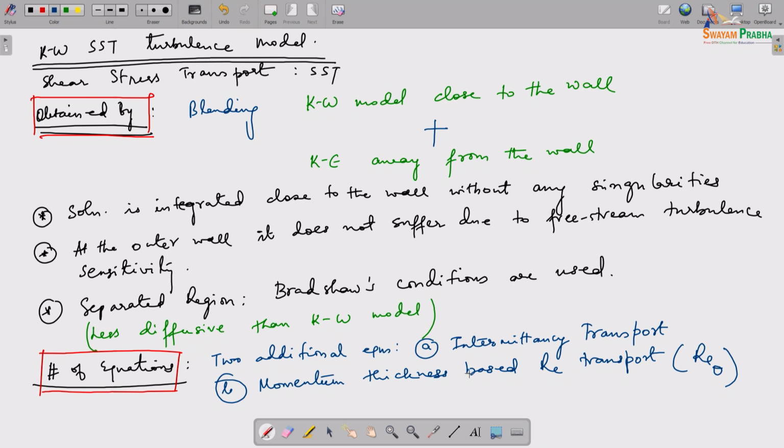So the K omega SST turbulence model will also solve these two additional equations.